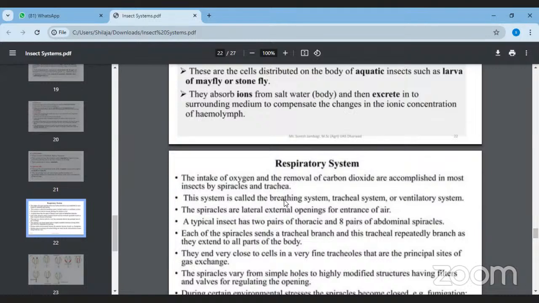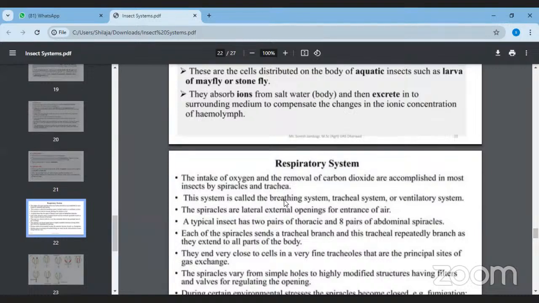In Diplura, we see the maximum number of spiracles found in an insect, 10 pairs. As usual, we talk about 8 to 9 in many insects. Usually we find two thoracic and 8 abdominal.